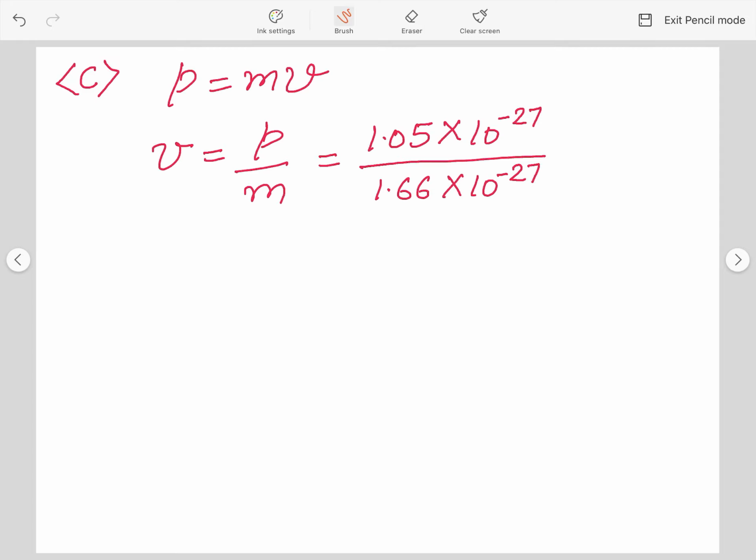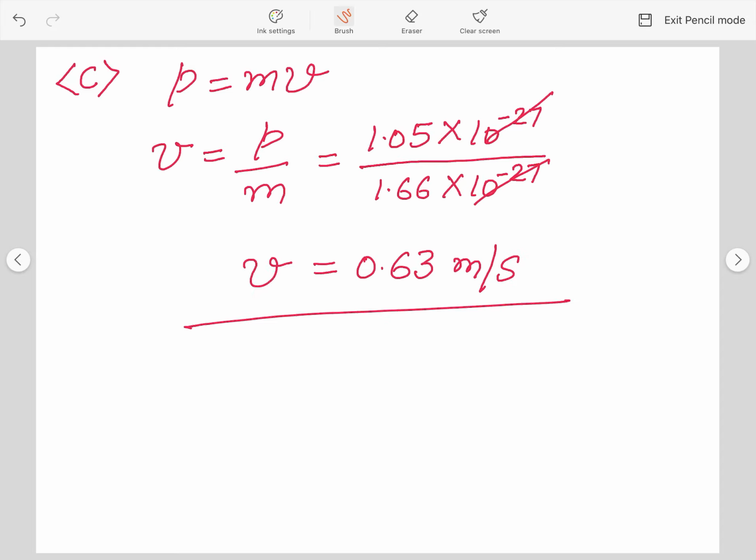On solving we will get 10 raised to power minus 27, this will be cancelled out, and we will solve 1.05 divided by 1.66, and we will get answer is 0.63 meter per second. This is the velocity of hydrogen atom, which will have the same momentum as that of photon. This question is solved.